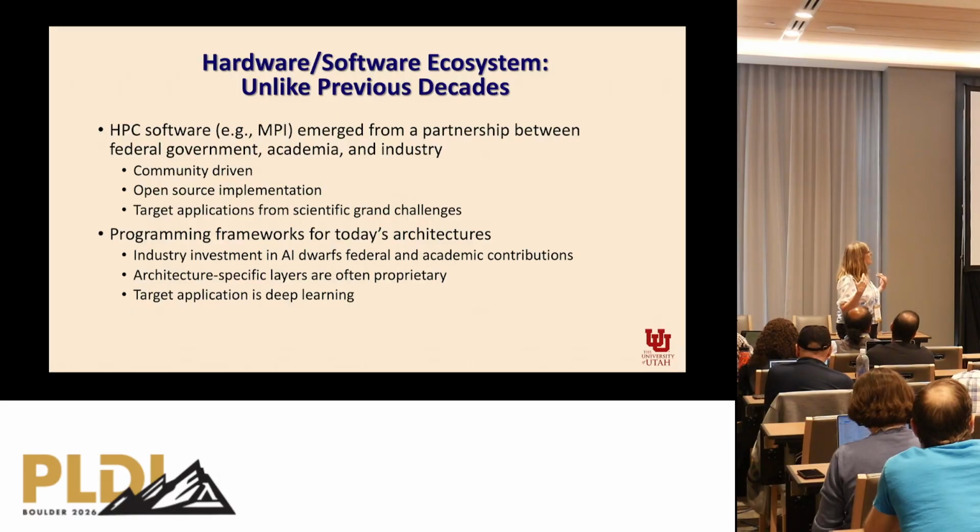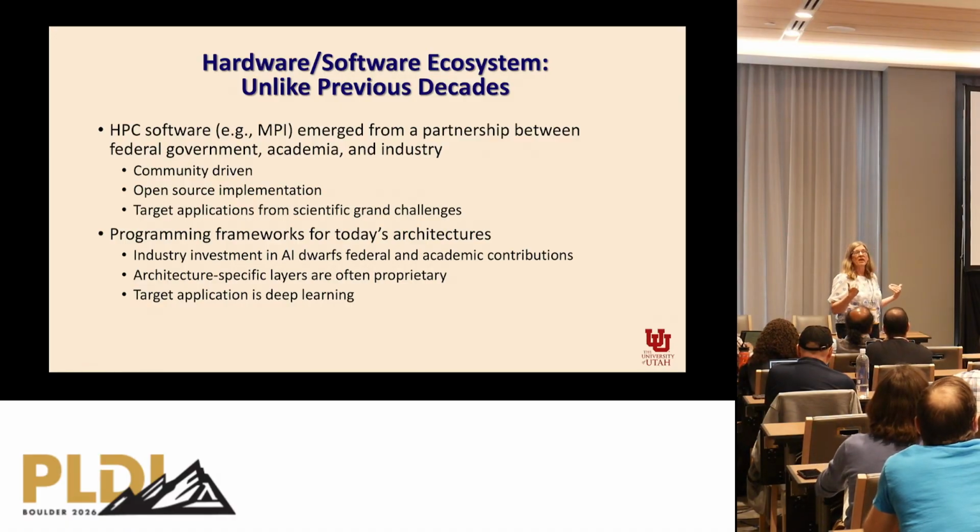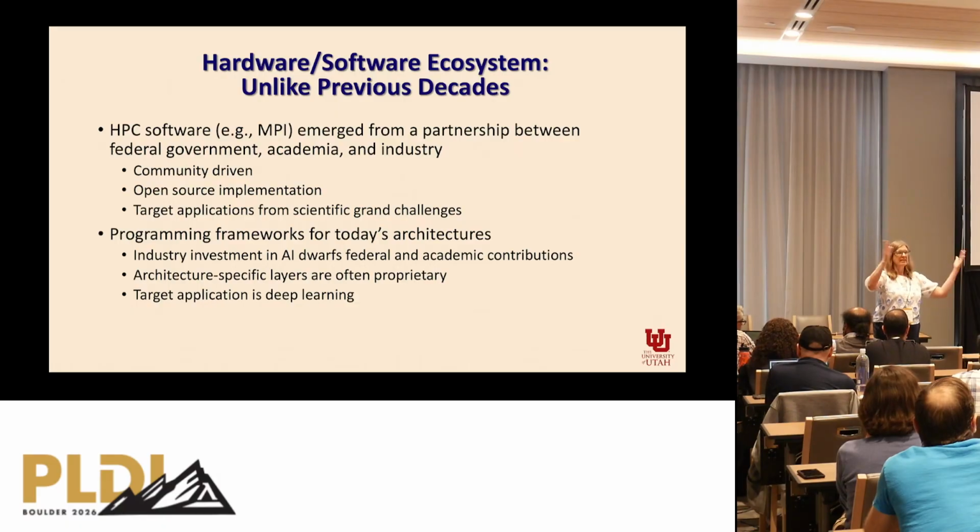It was a partnership between the federal government, academia, and industry. And it was driven by the community. The results were always open source. And the applications were coming from the scientific grand challenges, like how do we predict the weather or whatever.